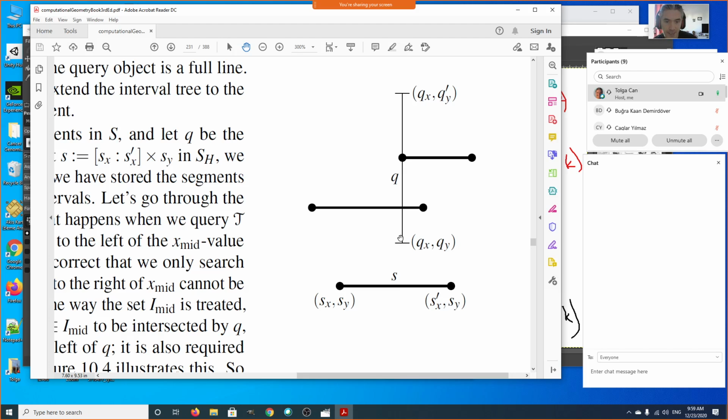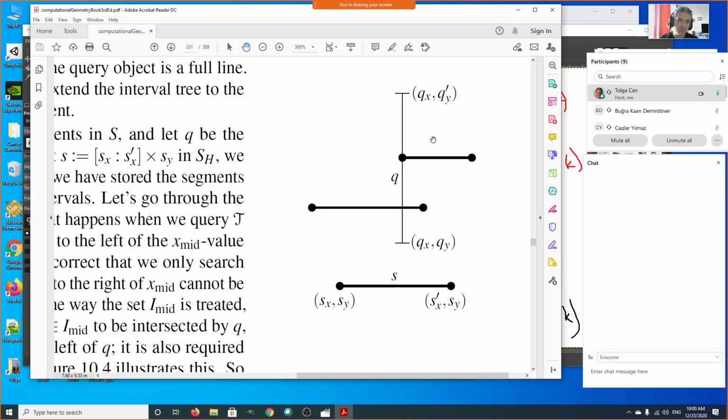This is a two-dimensional problem, because we need to consider the y coordinates. This segment s, although it spans the x-axis and intersects our query point qx, shouldn't be reported because its y coordinate is outside the qy prime range.